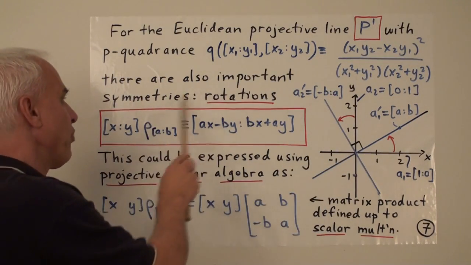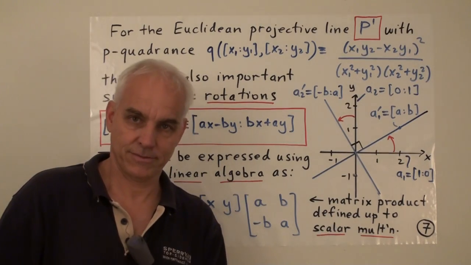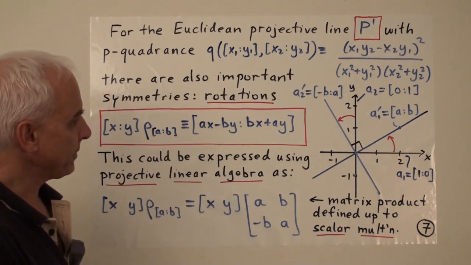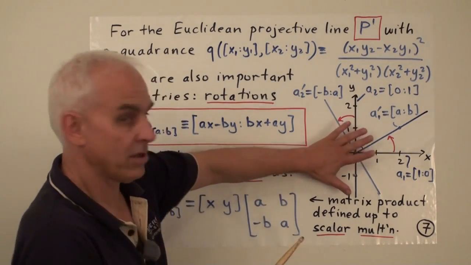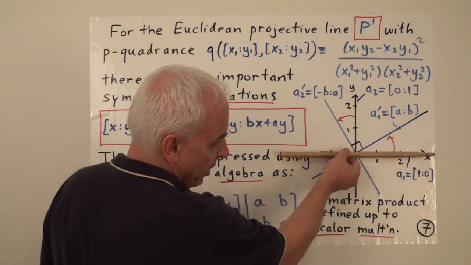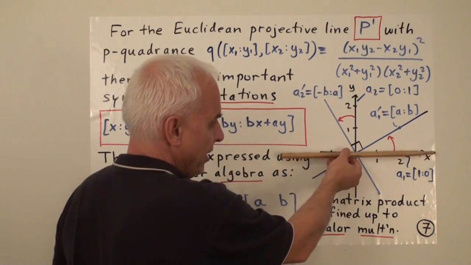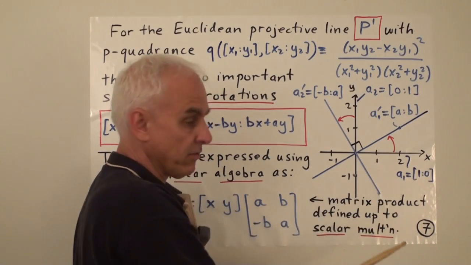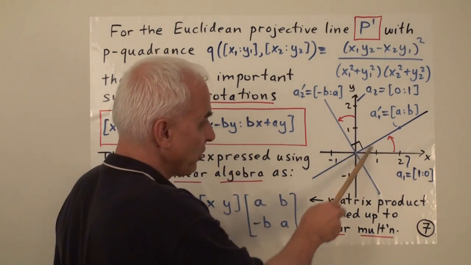So in this case, there are also important symmetries, which we might call rotations. To motivate that, let's have a look at a couple of special lines. This line here is actually a projective 1 point, but physically it looks like a line. It's given by 1 to 0. And this one is 0 to 1. These two are naturally perpendicular.